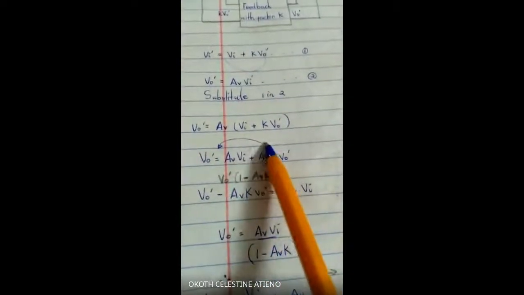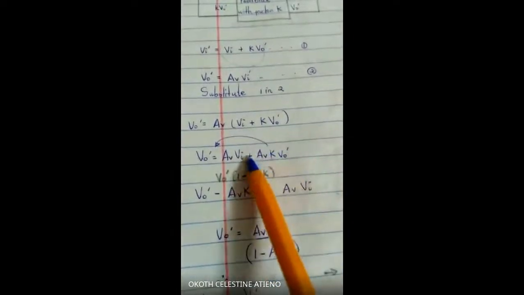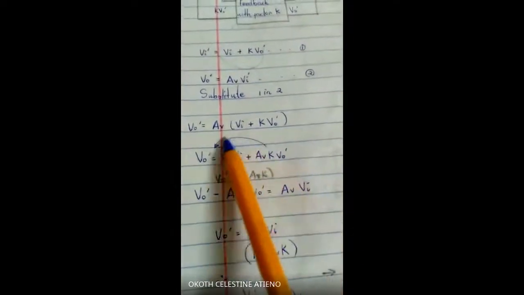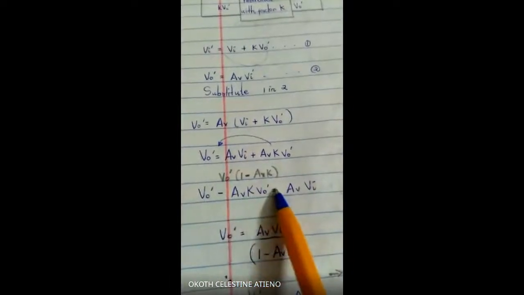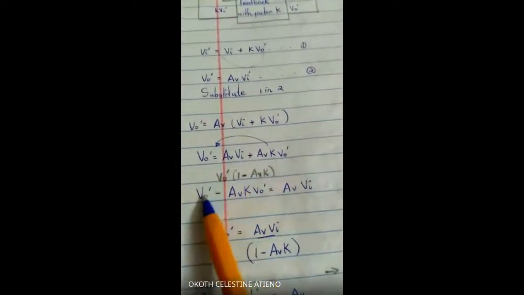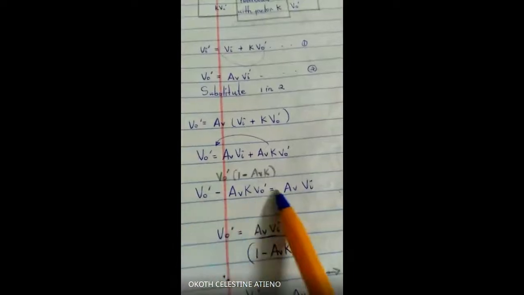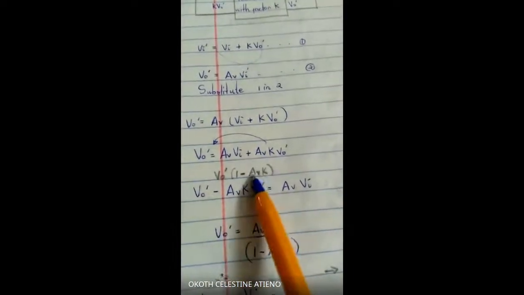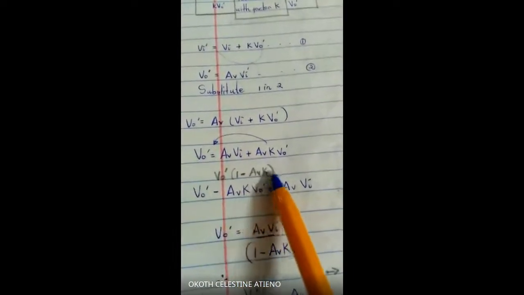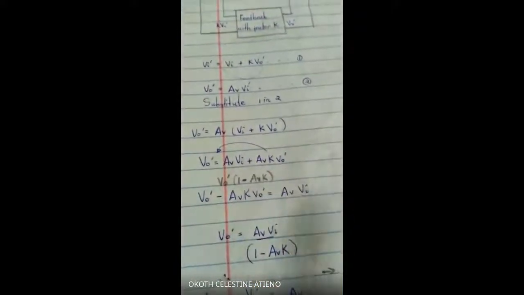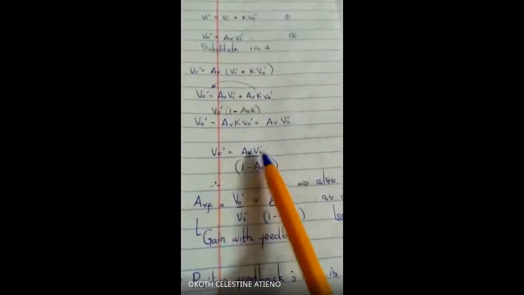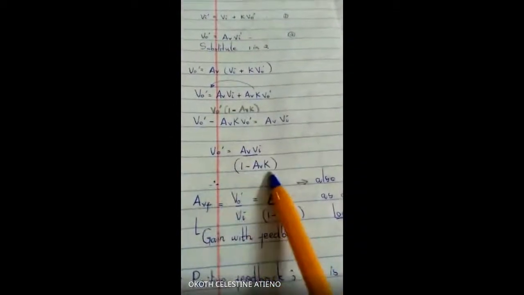So I end up with 1 minus AV, the voltage gain, times K. K is the feedback factor, don't forget that. So we have V out is AV times VI over 1 minus that.